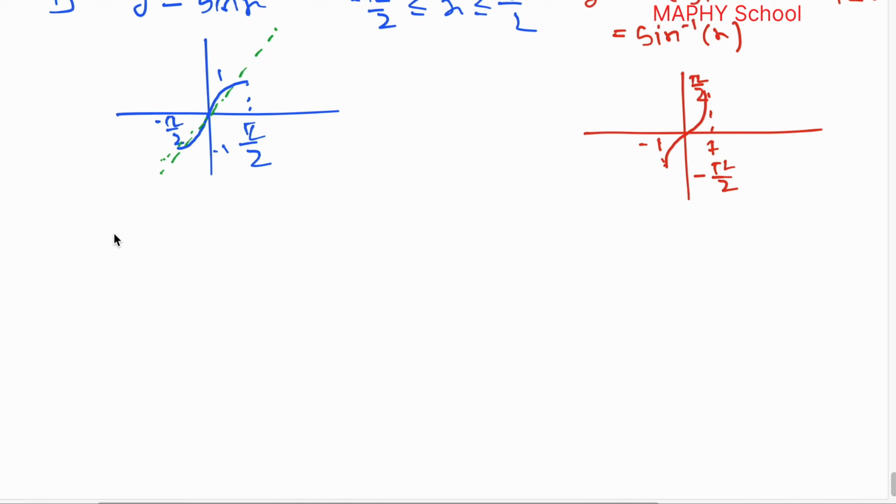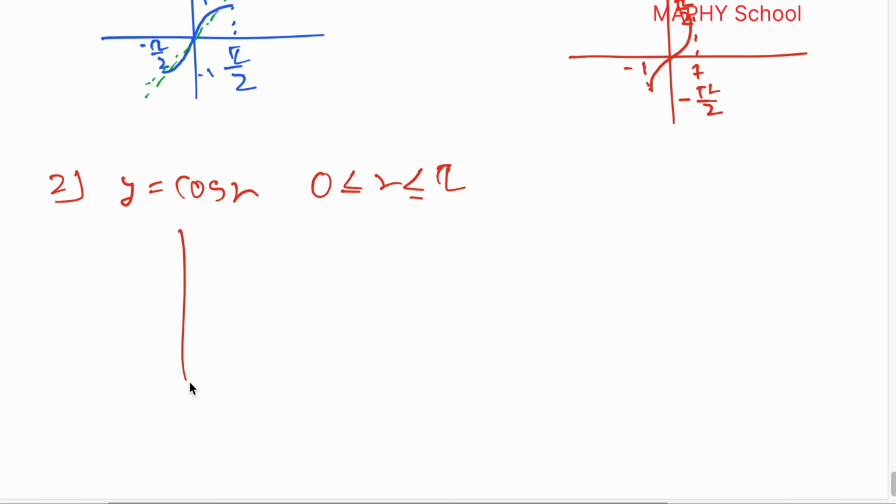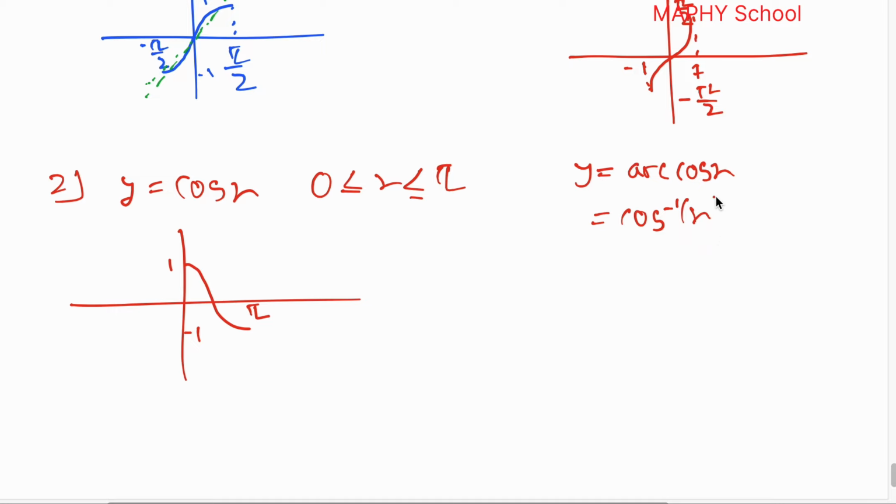Okay, then number 2, we have y equals cos x. The range would be 0 to pi. Okay, so it would be like this way. This is pi, this is minus 1, this is 1. Then let's draw y equals arc cos x. It means cos inverse x.